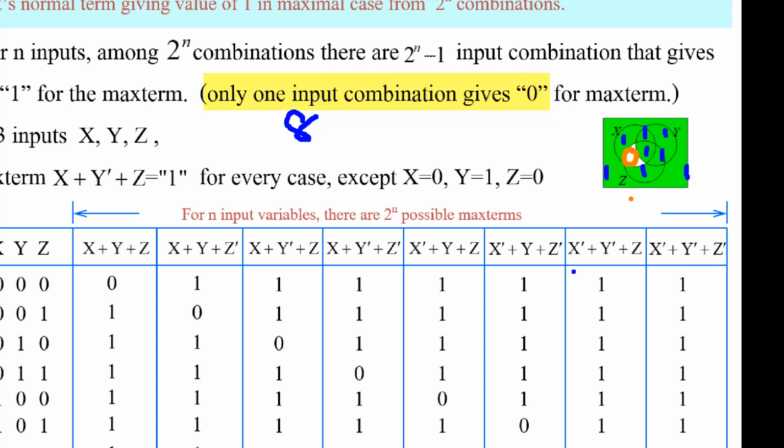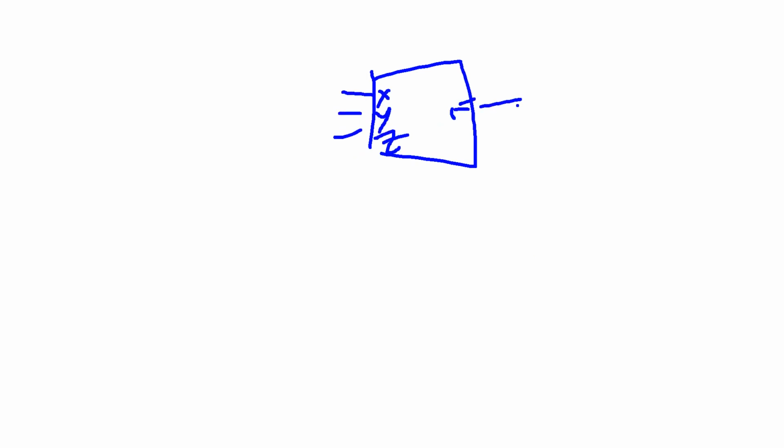What kind of function makes the result to be 0 in only one case? Yes, OR function, right? OR function. Namely, for 3 input variables, for example, x, y, z, and f.